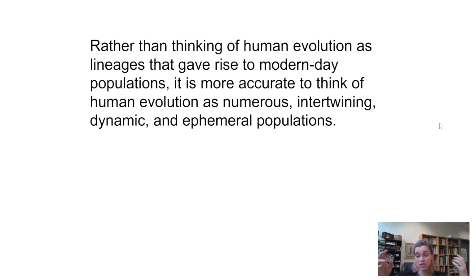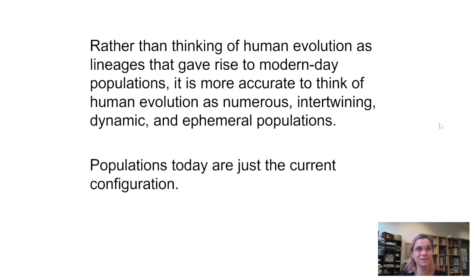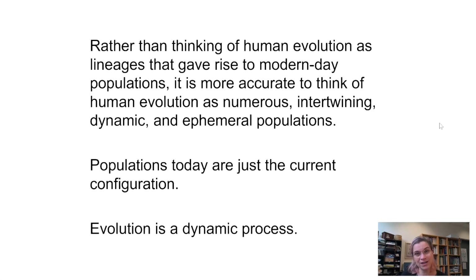People are moving around the landscape in response to these major climatic events. And as they move around, they're changing which populations are intermixing with other populations. Much more accurate to think of human evolution as these numerous, intertwining, dynamic, and ephemeral populations. The populations today, they're just the current configuration.